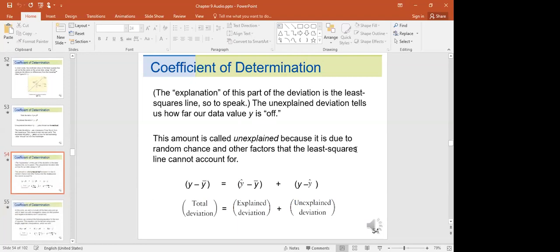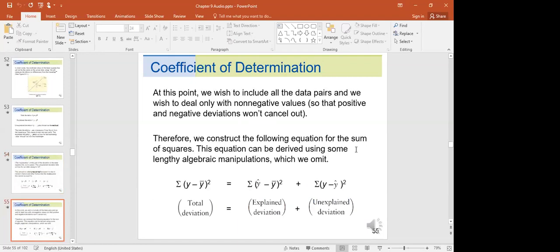This information is useful to determine what we will call the coefficient of determination. When we square the deviations from the mean and add them up, then take the deviation from the mean of the predicted value and square it, and the square of the residual, we get first the total variation, then the explained variation, and the unexplained variation.